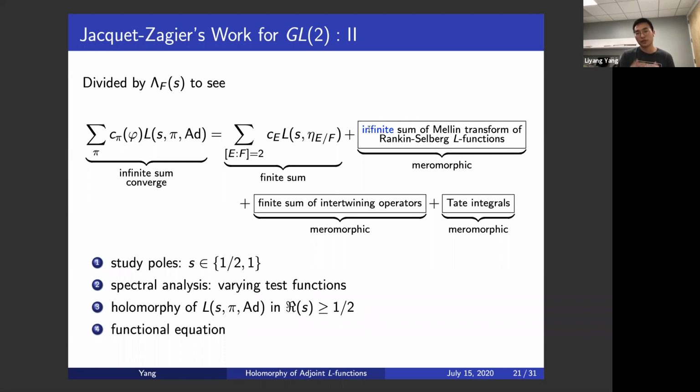You need to introduce other new inputs. For this part, one would use Poisson summation, but in the non-abelian setting, Poisson summation is not available. And for the higher rank case, there might be many more subtle issues because the conjugacy classes are more involved.